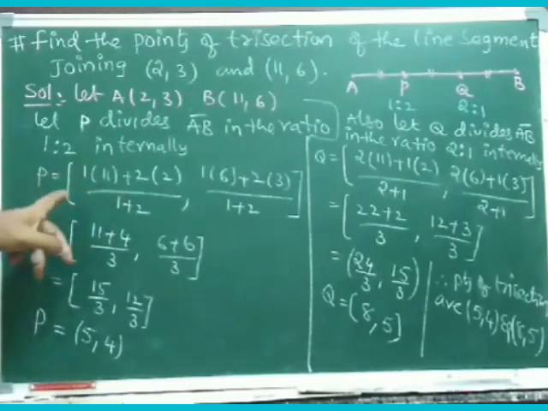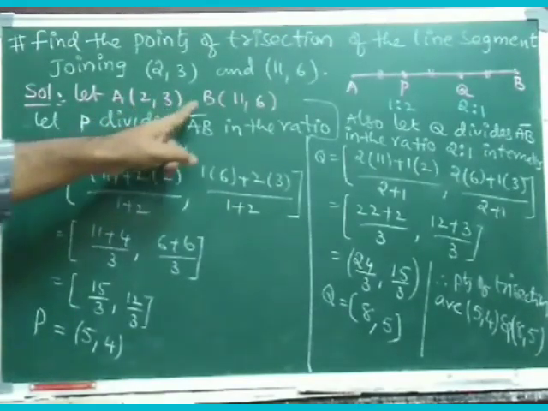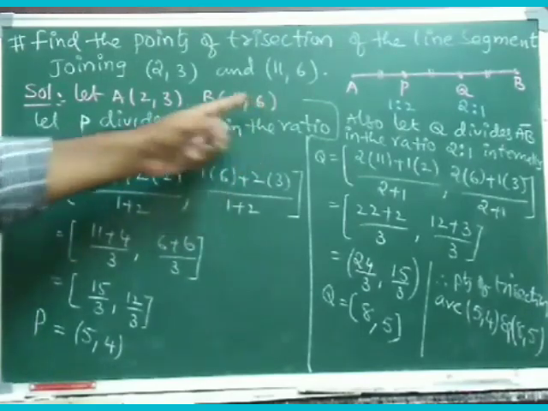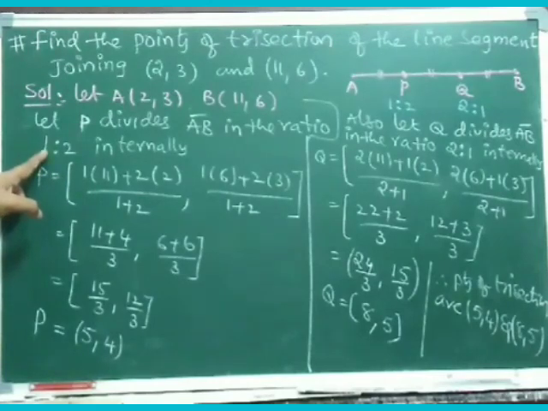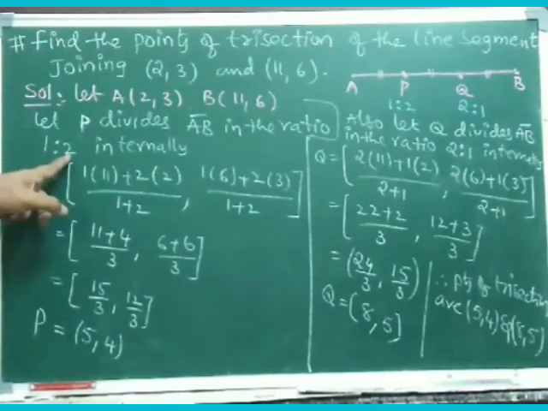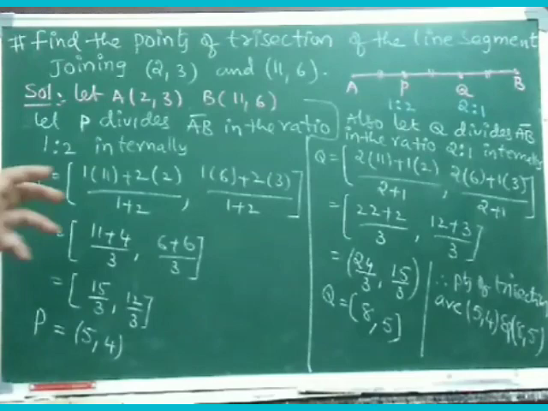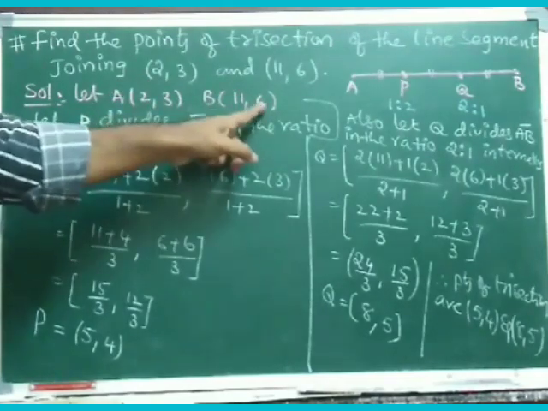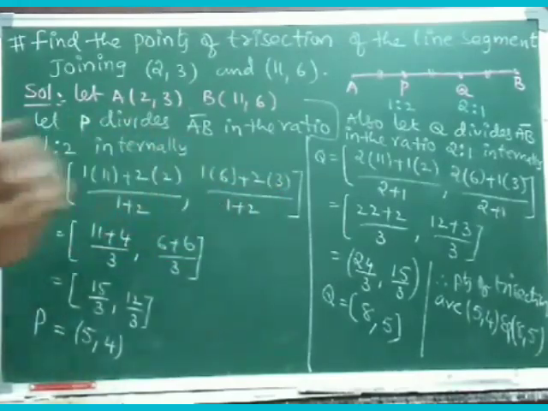So use the formula (mx2 + nx1)/(m + n) and (my2 + ny1)/(m + n). Clearly the first point is always x1, y1 and the second point is always x2, y2, and the ratio you can compare with m:n. Therefore (1 into 11 + 2 into 2)/(1 + 2), comma, similarly (1 into 6 + 2 into 3)/(m + n).